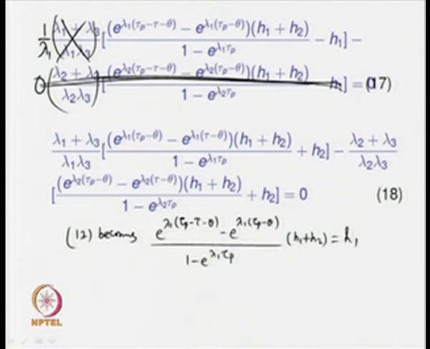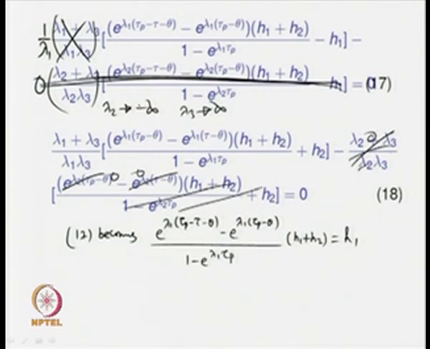Similarly, using the same limits, lambda 2 tends to minus infinity and lambda 3 tends to infinity, the minus infinity will make sense, because e to the power minus infinity means this will also be 0. Otherwise also this is going to be 0, so I need not worry. So these terms will be out from equation 18, and the whole of this factor will again be 1 upon lambda 1, because lambda 3 tends to infinity.